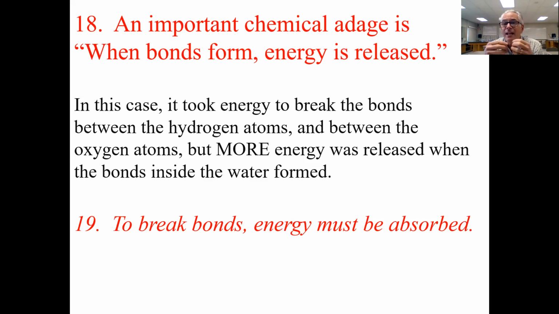So in this case, it takes some energy to break the bonds, a little bit from the fire, and then as the reaction goes forward, more energy is used up to break the bonds, to open the hydrogens up, and to open the oxygens up. But when the hydrogens and oxygens bond into water, that makes it super stable, so all the energy that was in that system is released as heat.